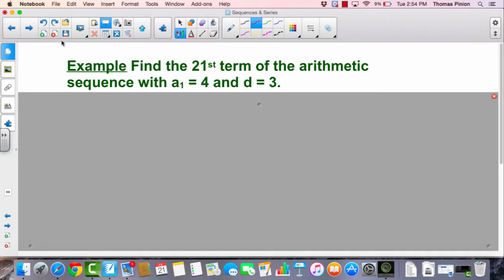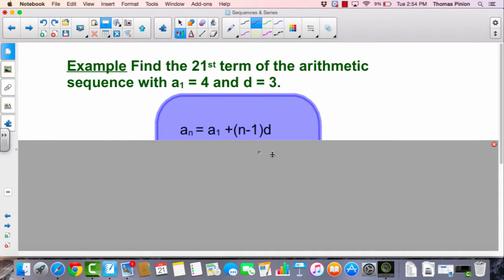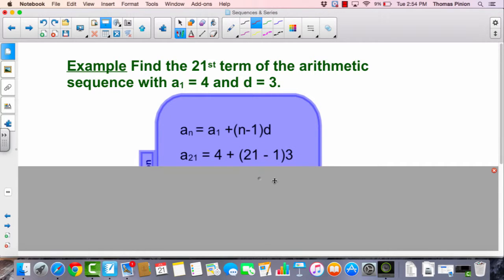Now, here's another example. Let's find the 21st term of an arithmetic sequence with a sub 1 equals 4 and d equals 3. So here's our general explicit formula for any arithmetic sequence. Plugging in a sub 21, since we want to find the 21st term, 4 for a sub 1, and our common difference of 3 in for d.